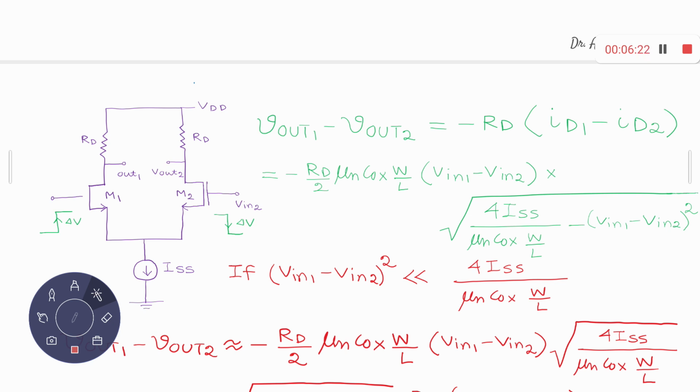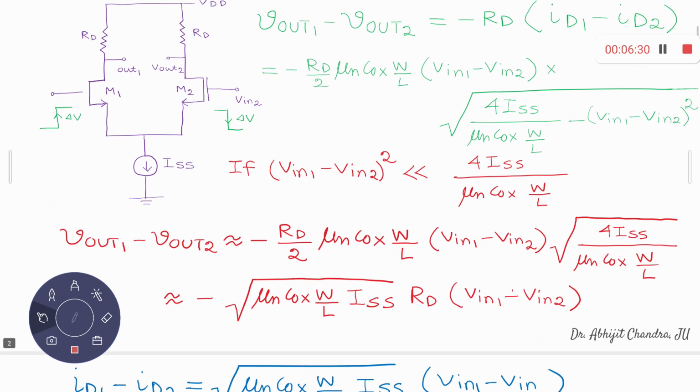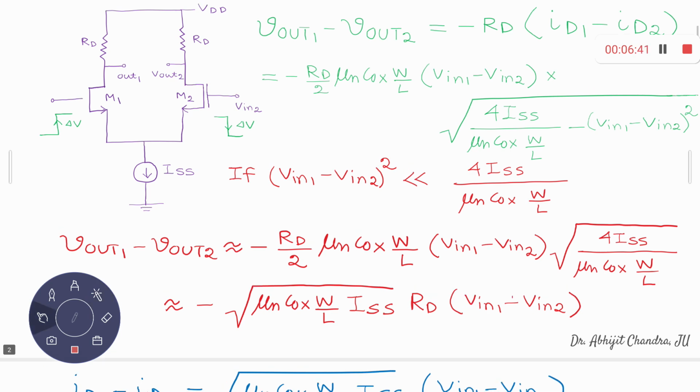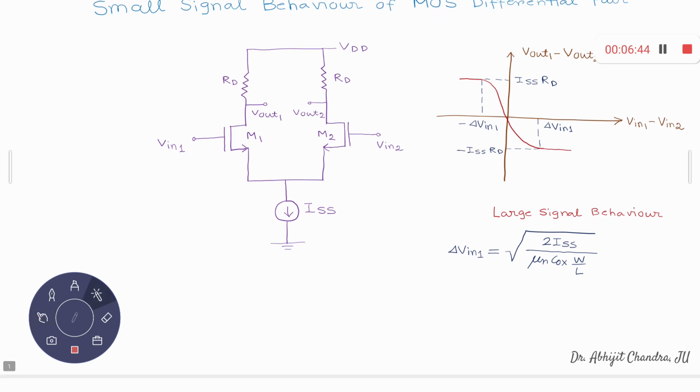Now, if it is much less than 4 ISS by mu n Cox W over L, then this expression ultimately reduces to Vout1 minus Vout2 equal to minus RD by 2 times mu n Cox W over L times V1 minus V2. That means we are observing the behavior in the vicinity of the origin.